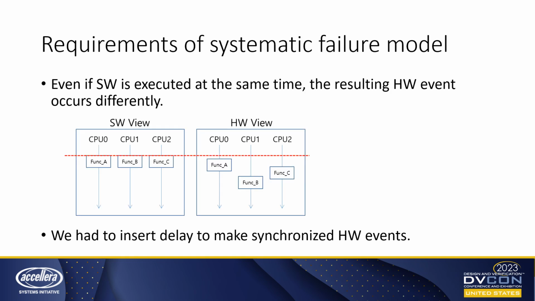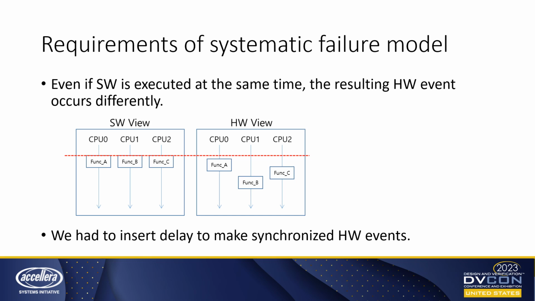As you see in the picture below, when we execute a function in different CPUs, they are running at the same time. So our expectation is each functionality will occur at the same time.